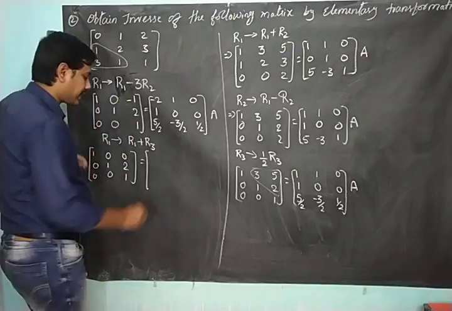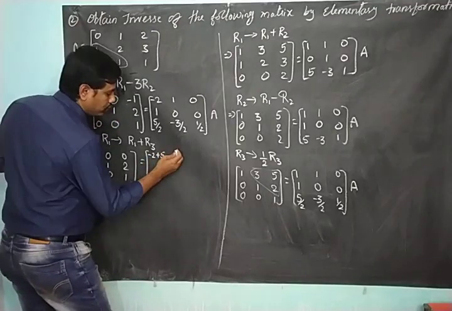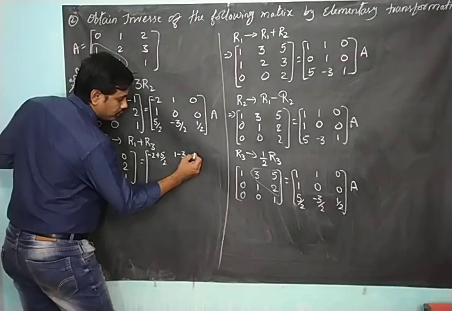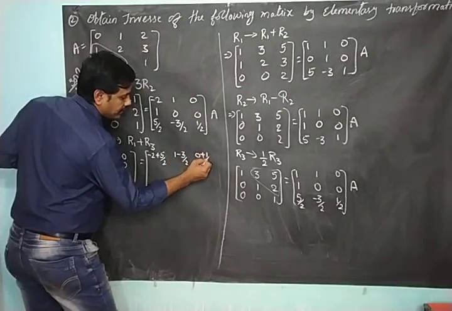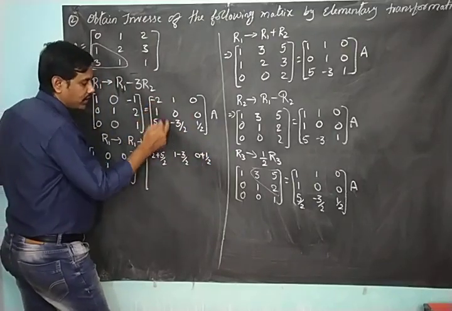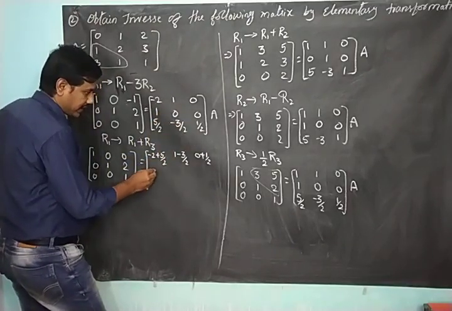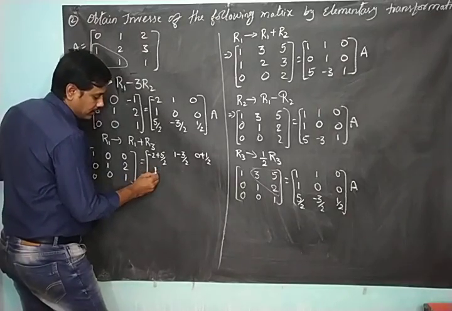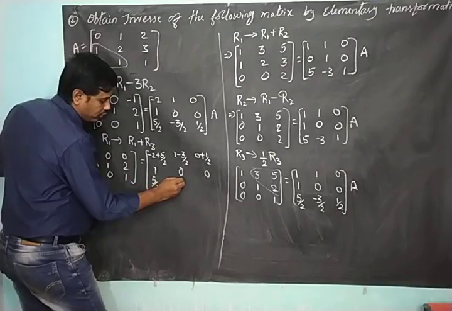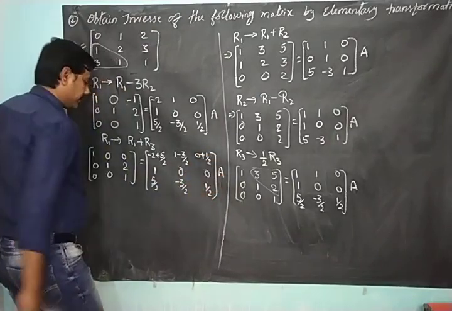This will be R1 plus R3: minus 2 plus 5 by 2, 1 plus of minus 3 by 2, that is 1 minus 3 by 2, 0 plus 1 by 2. Everything else will remain the same: 1, 0, 0, 5 by 2, minus 3 by 2, 1 by 2 into A.